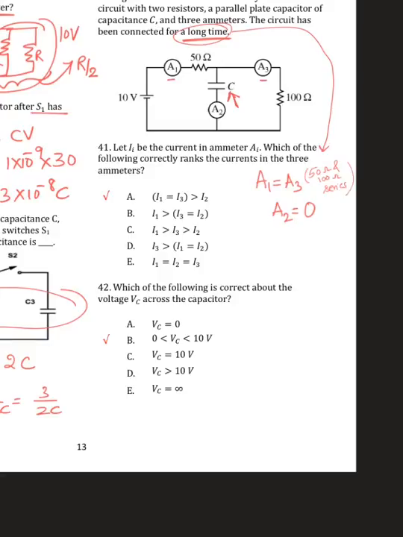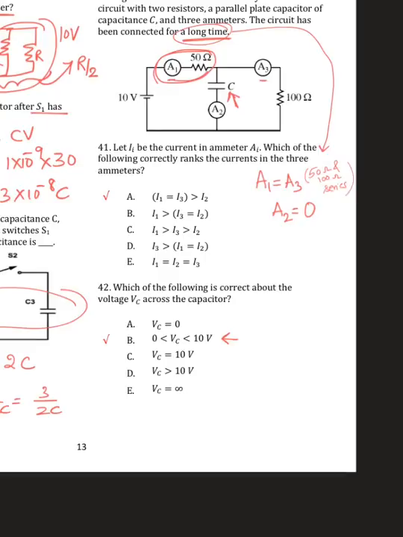So when the capacitor is fully charged, there is going to be some voltage drop across the 50 ohm. And that's why we are going to choose this option where VC is between 0 and 10. It's not exactly 10, it's between 0 and 10.